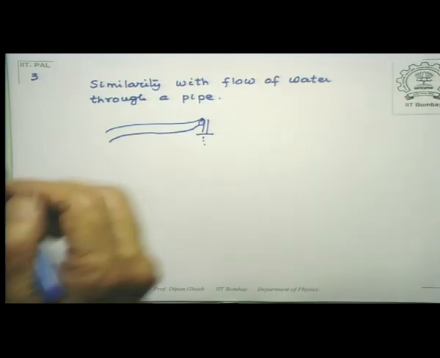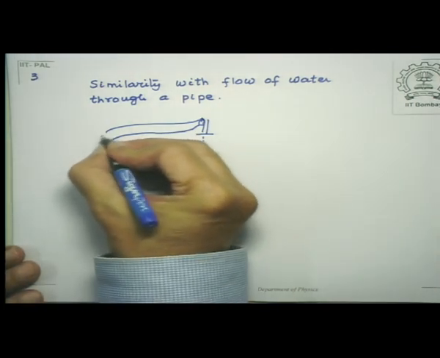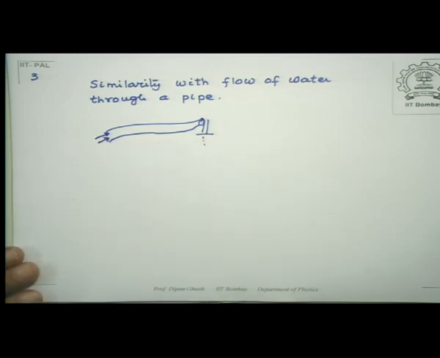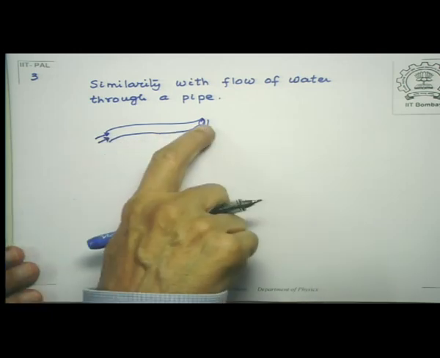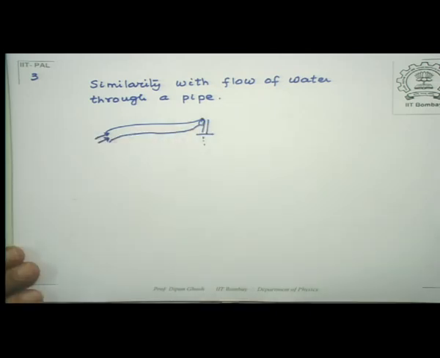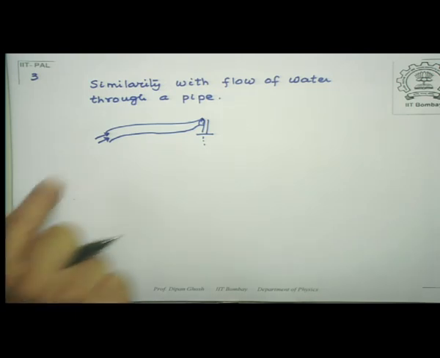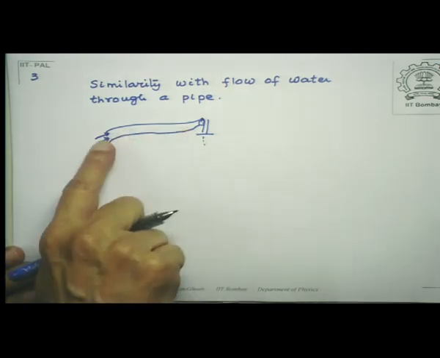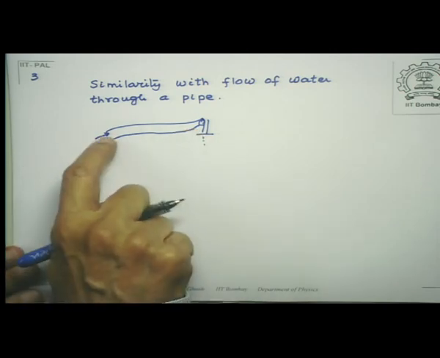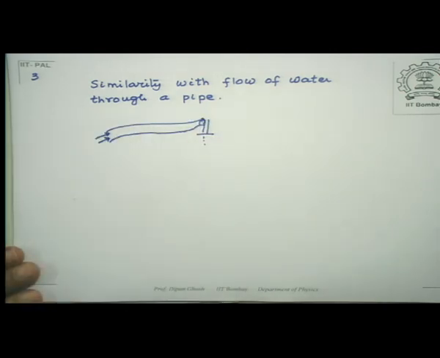Now, actually what is happening is that water is being pushed from one end, but because there is a closed faucet at the other end, it is not able to go and it stops. And so there is no movement of water physically from here to there, because the pipe is already full of water.